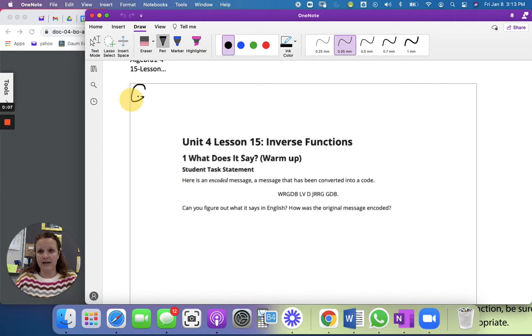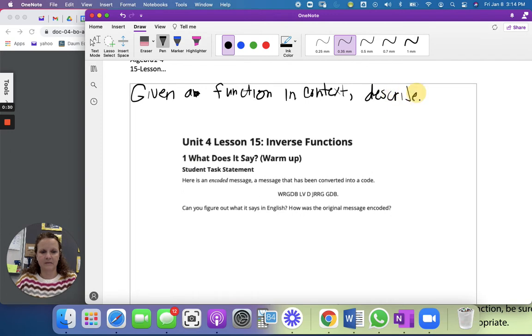So today, given a function in context, describe its inverse function.